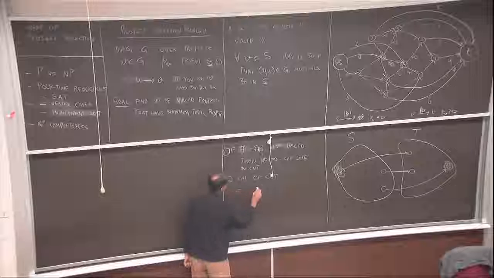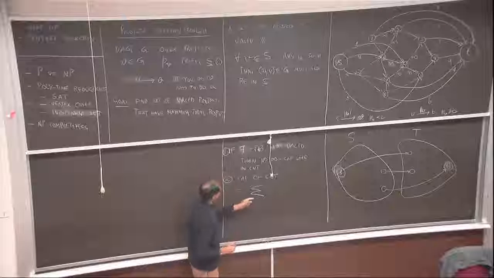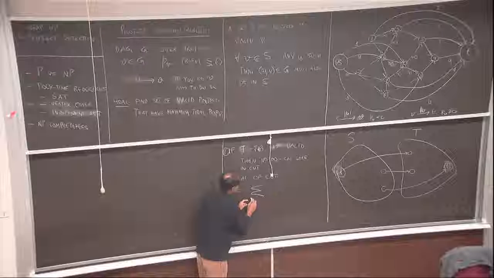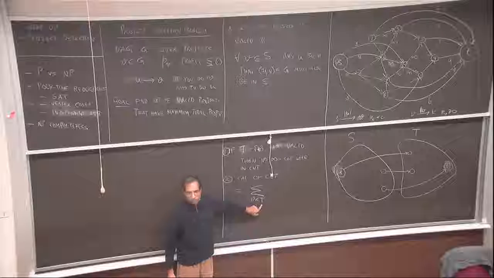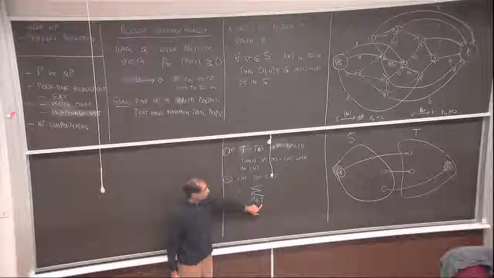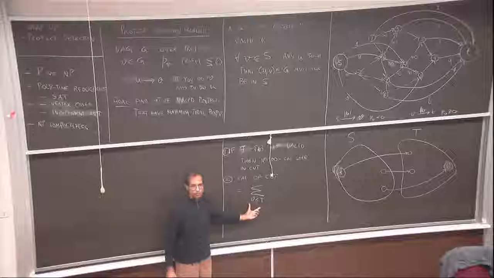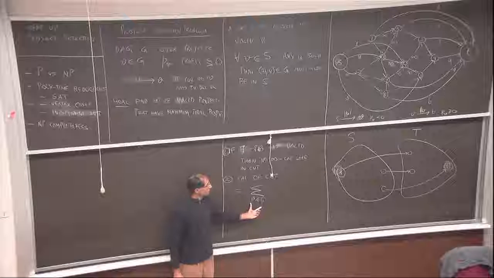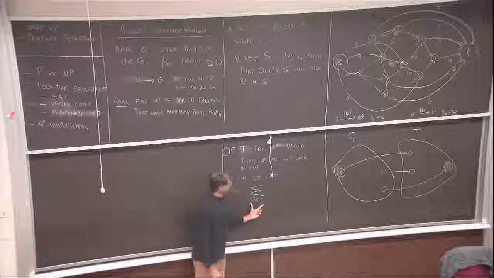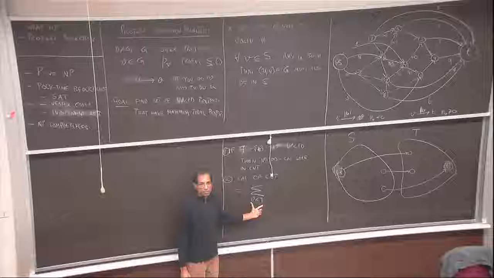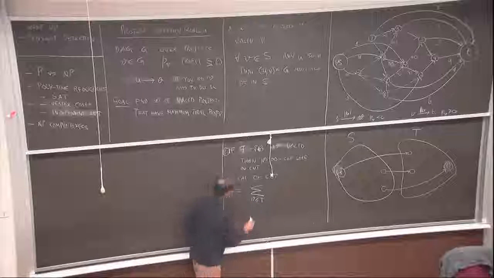how can I write it? Is summation over all projects in T of what? Such that what? So let me add these edges first. So which kind of project should I look at? Negative profit.